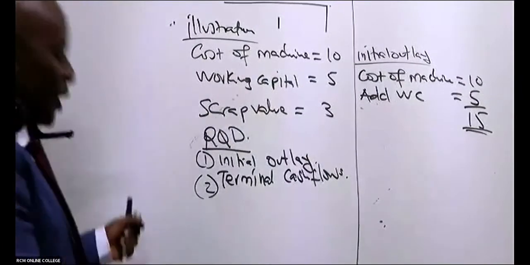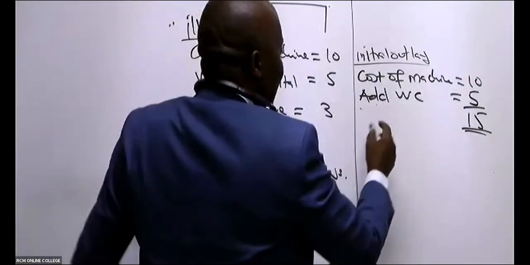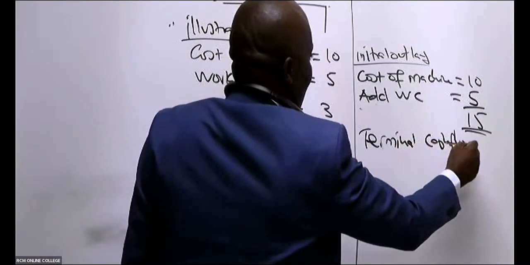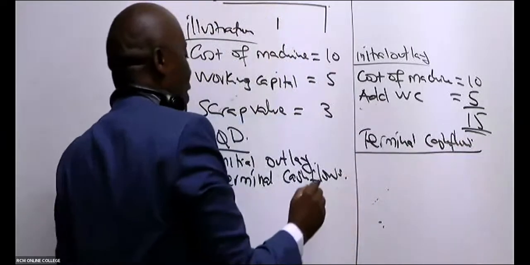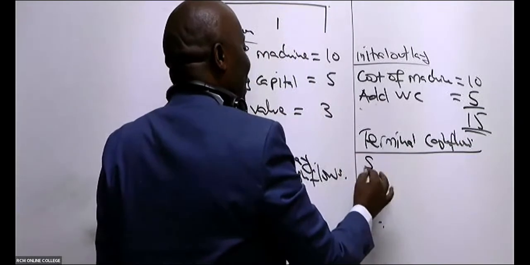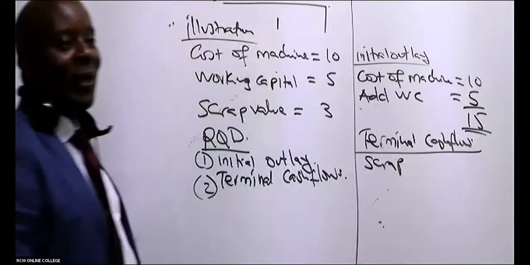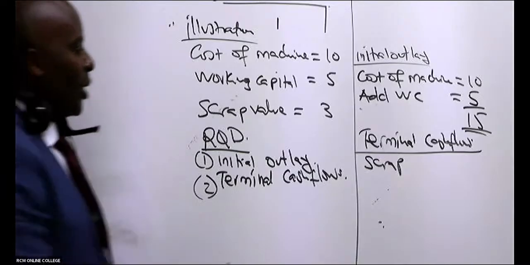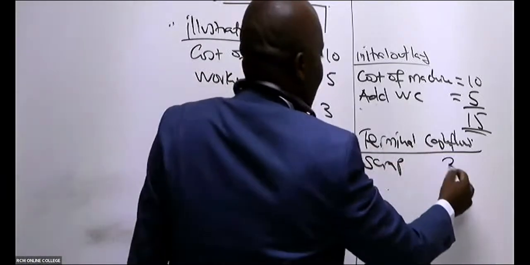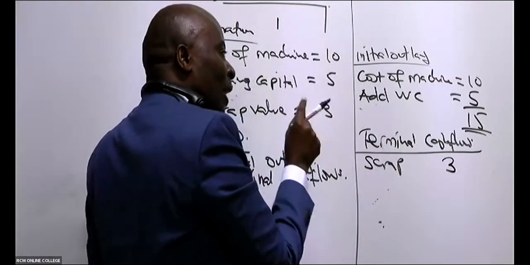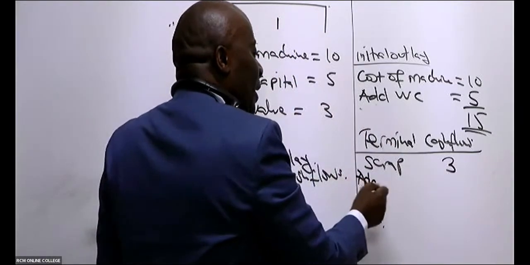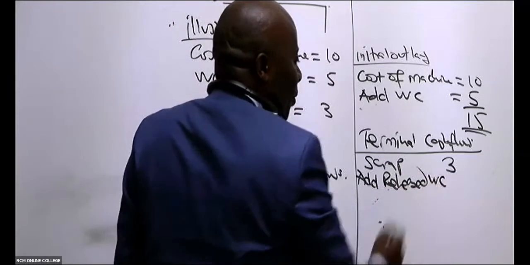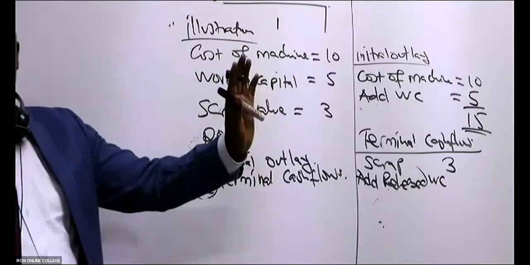And then, ladies and gentlemen, what happens when we terminate the project? For the terminal cash flow, in this case I will enjoy the scrap. The machine is old, I sell it, so I get scrap of 3. And then don't forget, unless you're told otherwise, we must always add released working capital, because working capital will always be released back.